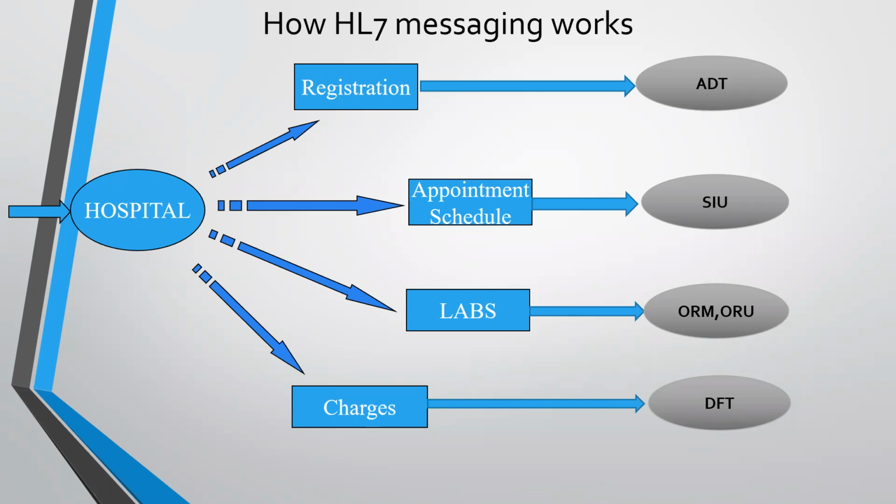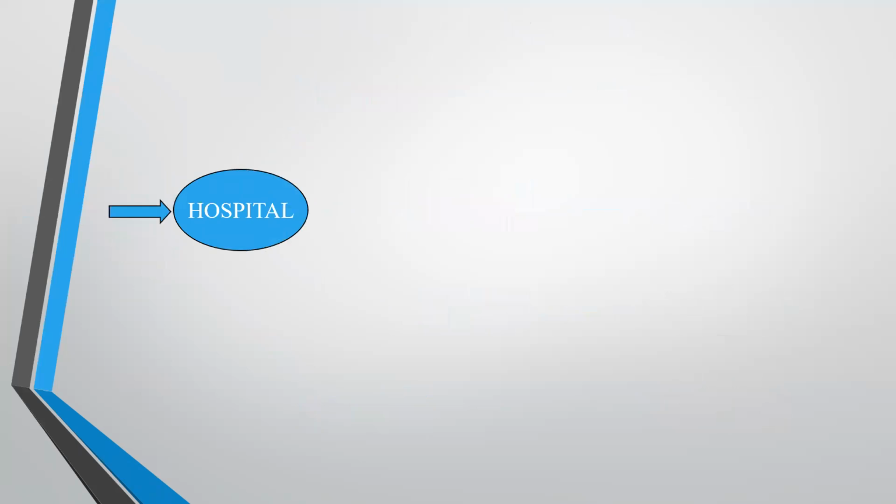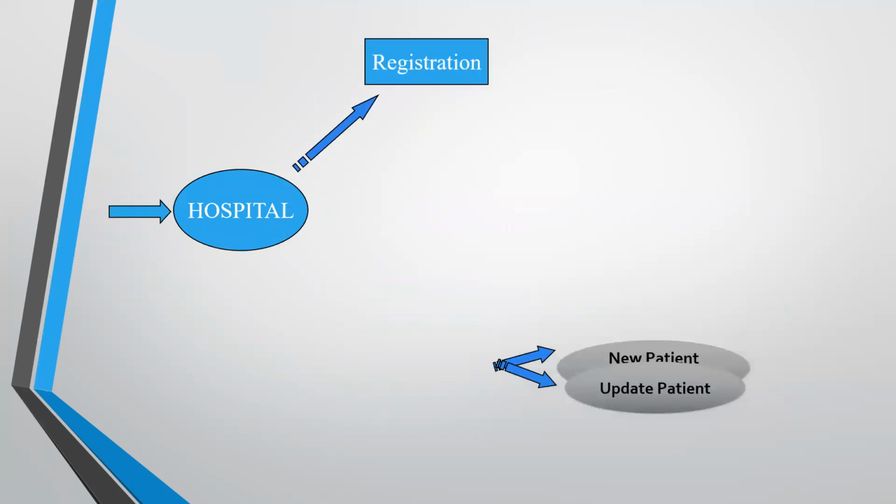If you talk about ADTs, we have a patient getting registered. That is one event. Let's say a patient is getting existing data updated. That is another event. A patient being admitted is one event. A patient being discharged is another event. So ADT itself has many events under it. Not everything can be seen, so let's take a quick look at only a few of the events.